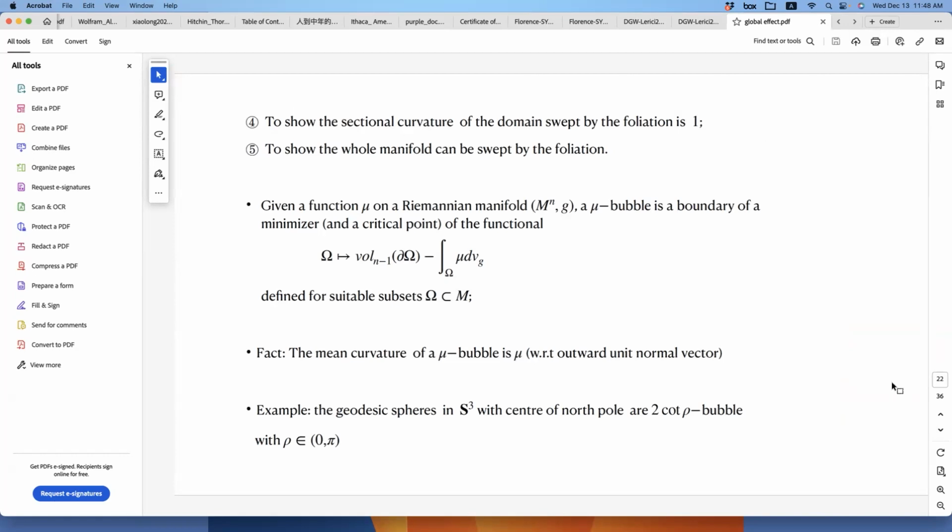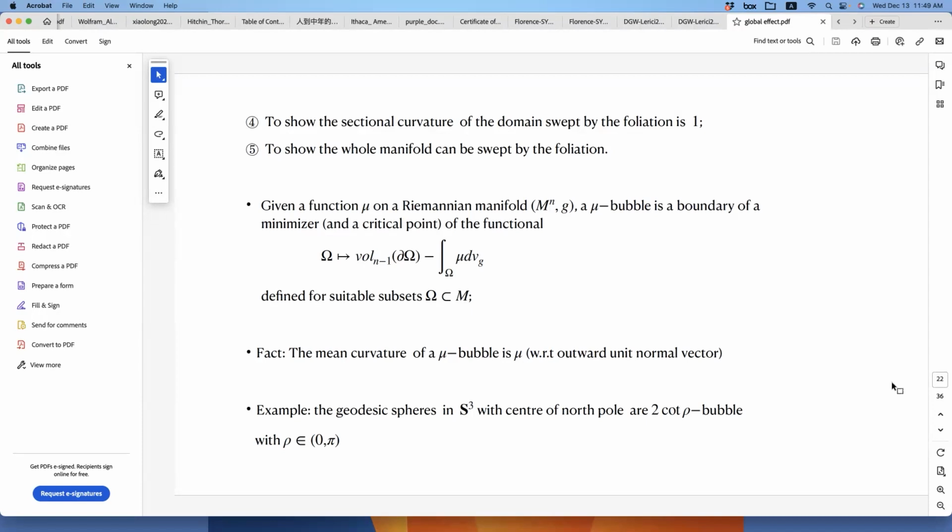Okay. Now here is the definition of mu bubbles. Actually, a mu bubble is the boundary of a minimizer for the following functional, which is called the brane action. And here omega is a Caccioppoli set on the manifold.